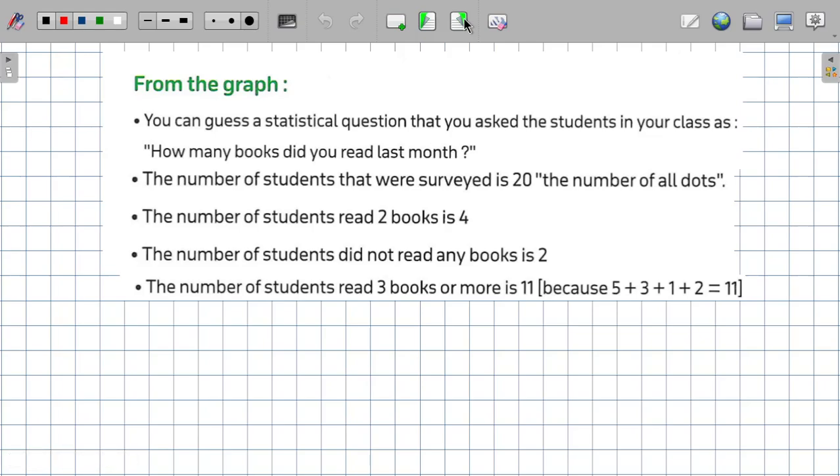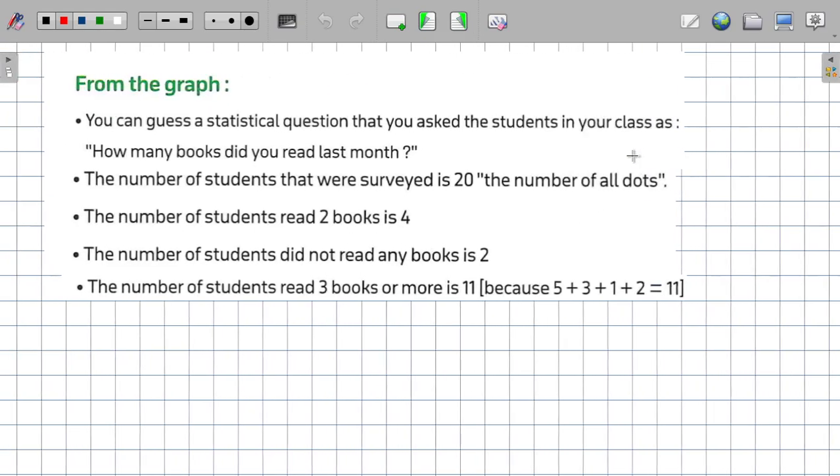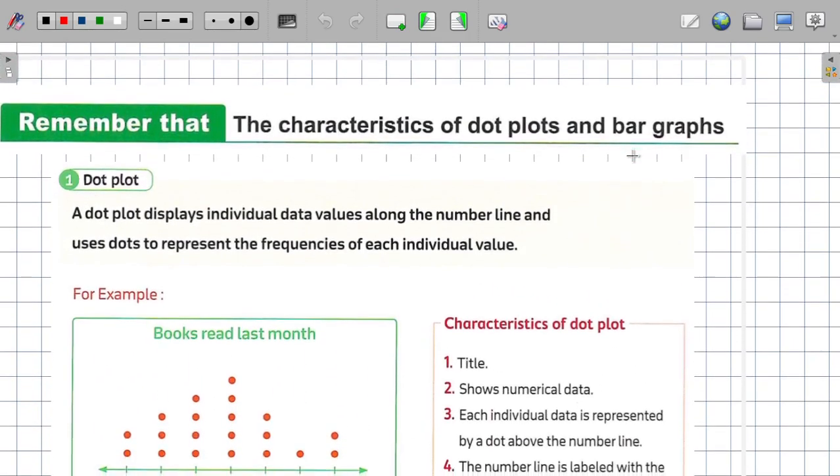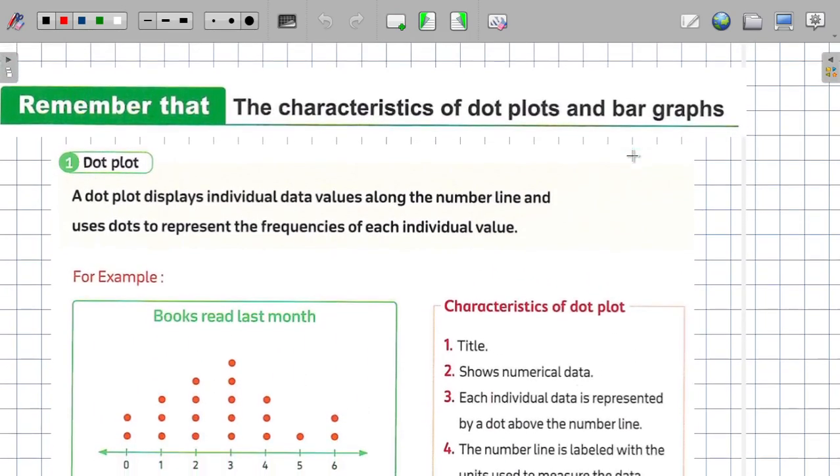Next, I will talk about the forms of representing data that we learned in previous years. So let's remember them. The first one here is a dot plot.